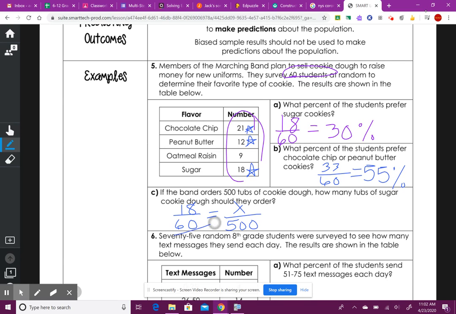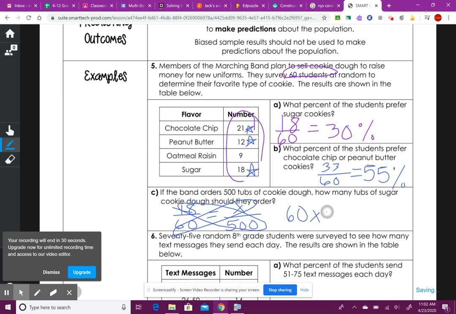You can actually cross multiply if you forgot how to do that. 60 times x and 500 times 18. Divide by my 60 and I get 150, and that means that if we were to order 500 tubs of cookie dough, 150 of those should be sugar cookies.